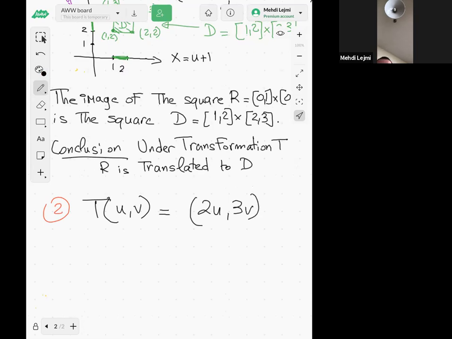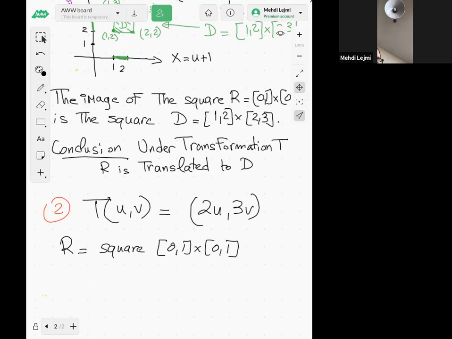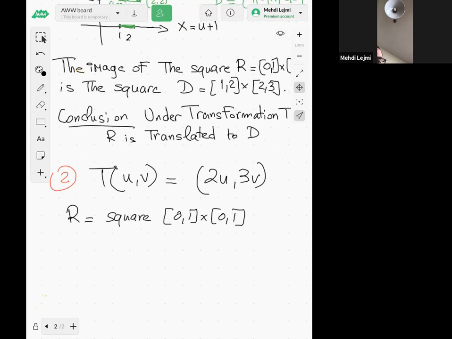And so if you do the same thing, if you start with this square, let's say R is the square [0,1] cross [0,1], then if you study the image of the square, here's my u and v.